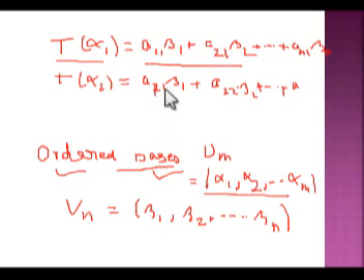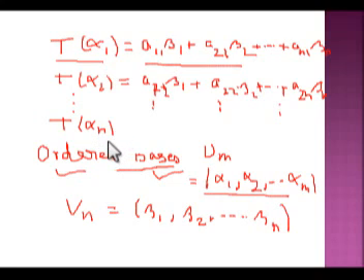In this way we take the last ordered basis transformation, T alpha m, which will be a1m beta 1 and so on.